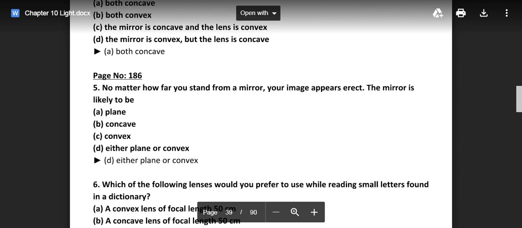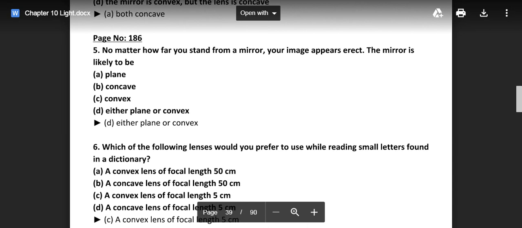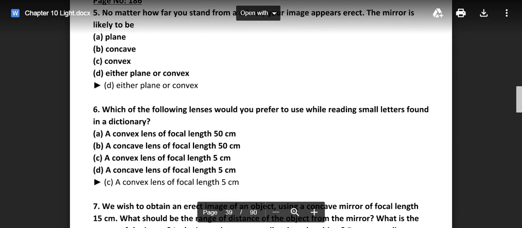This mirror is likely to be plane, concave, convex, either plane or convex. It is either of them because your image appears erect in both cases. Either it is plane or convex, so you can use any of them at your home as well.